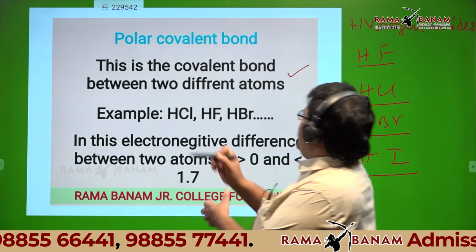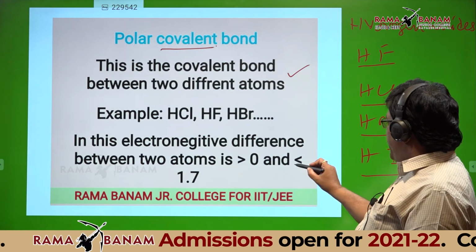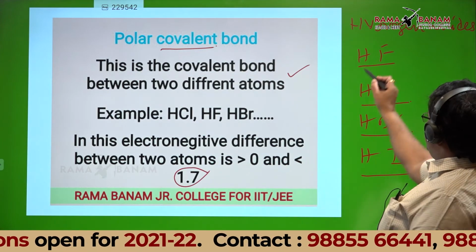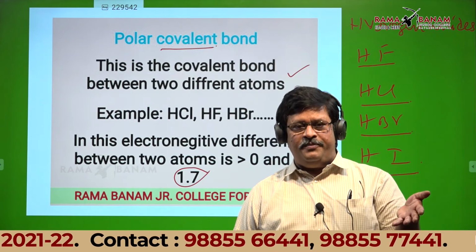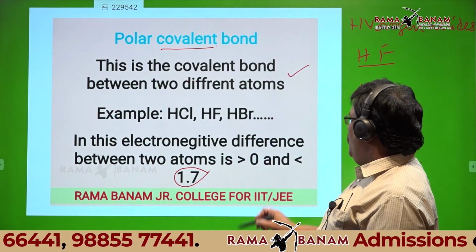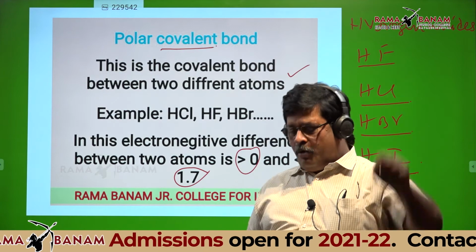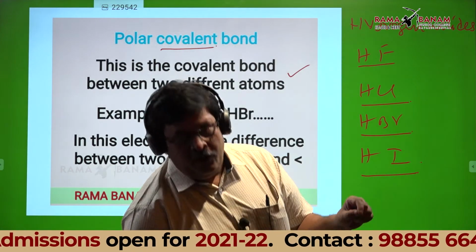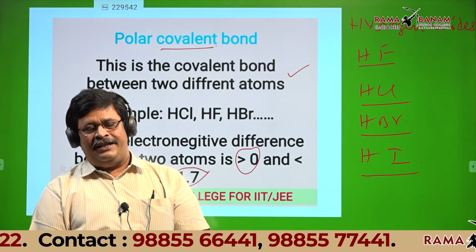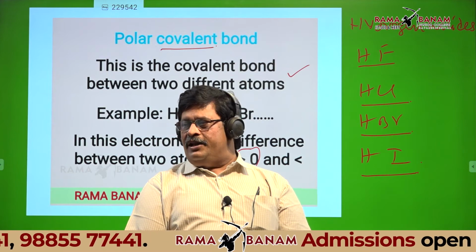Because it is a covalent bond, electronegative difference should be less than 1.7. Because it is between two different atoms, electronegative difference should be greater than 0. So in a polar covalent molecule, the electronegative difference between the two bonded atoms is greater than 0 and less than 1.7. Is it okay, students?